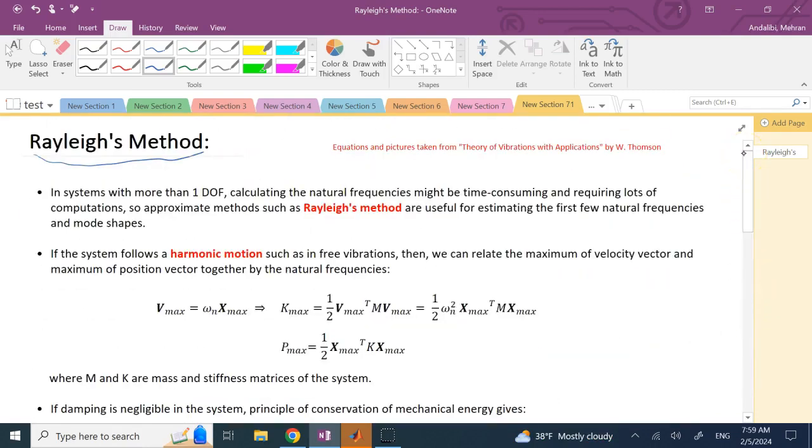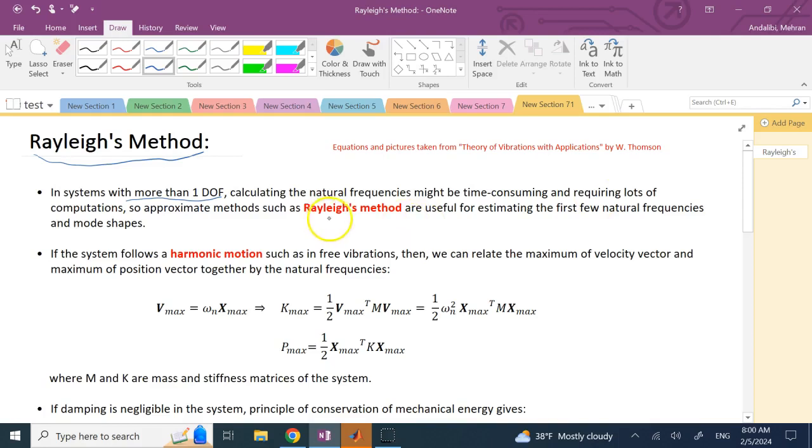So first of all, why should we ever think of approximation methods for natural frequency of systems that are more than 1 DOF? The reason is the computation. When the systems are complicated and they have so many degrees of freedom or infinitely many degrees of freedom like continuous systems, then calculating these natural frequencies, especially the first one, which is the most important one, is quite demanding computationally.